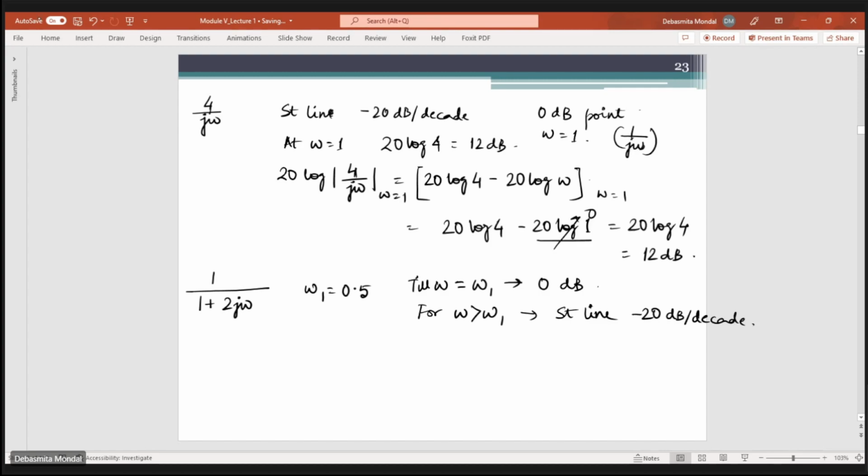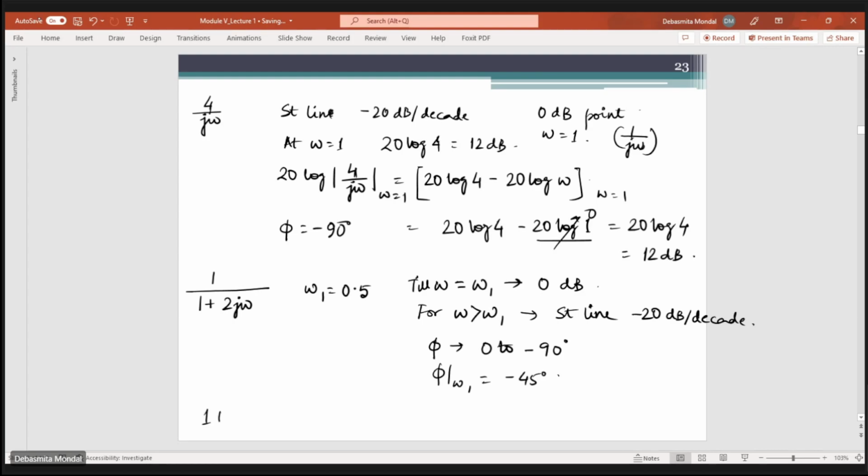Similarly for the phase angle, this part has minus 90 degrees because the gain does not have any phase component, and the denominator gives minus 90 degrees. For this factor, phi will vary from 0 to minus 90 degrees, and at omega 1, phi is equal to minus 45 degrees.